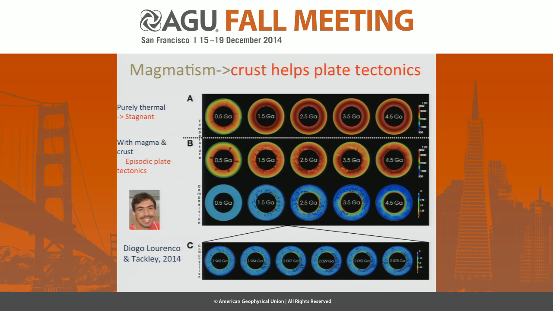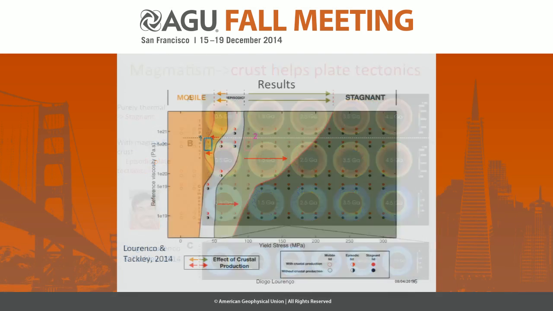In the top models, there's no magmatism, no production of crust, purely thermal models, and it stays as a stagnant lid the whole time. In the lower models, there's partial melting, which produces crust, and in these models, you see that there is episodic overturn of the lid. So simply having a laterally heterogeneous crust can focus the stresses or produce additional stresses that allow the lid to break, initiating subduction.